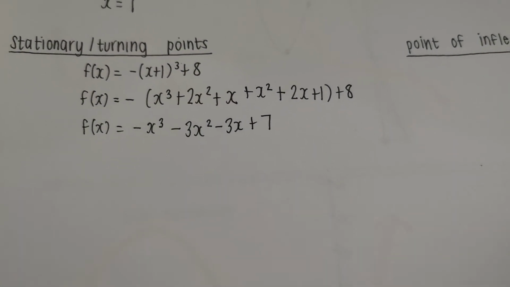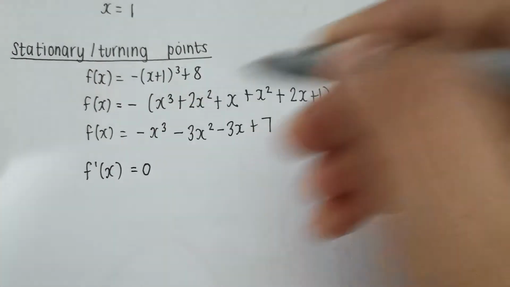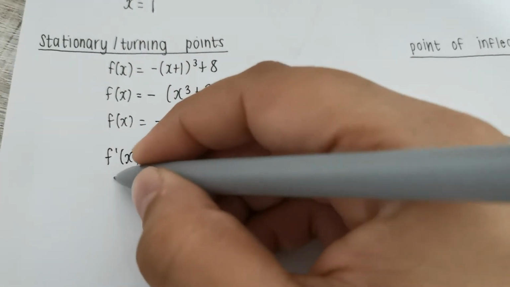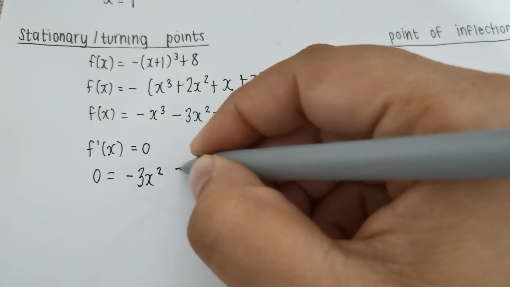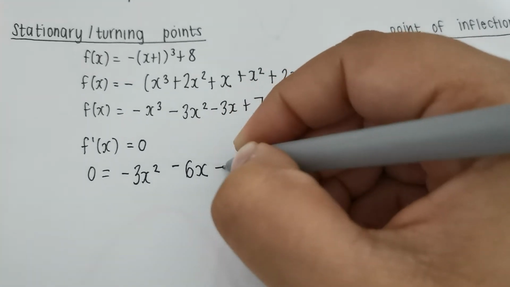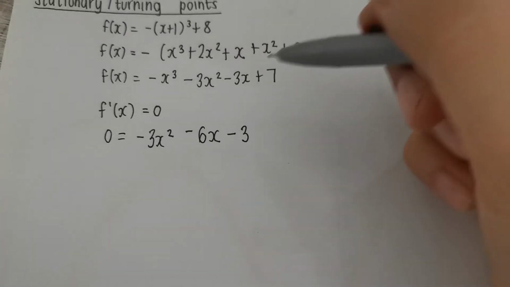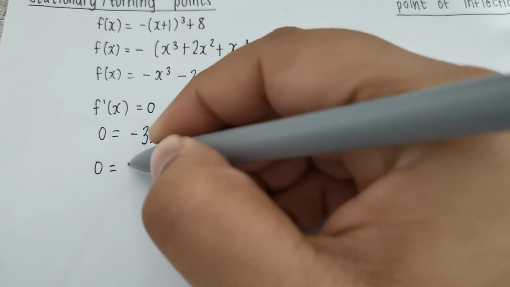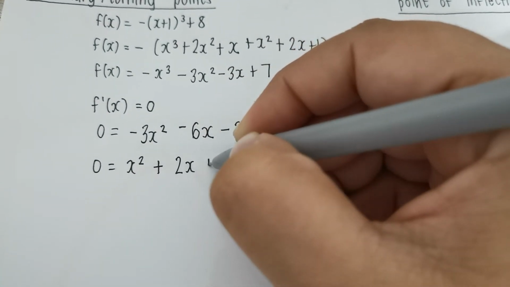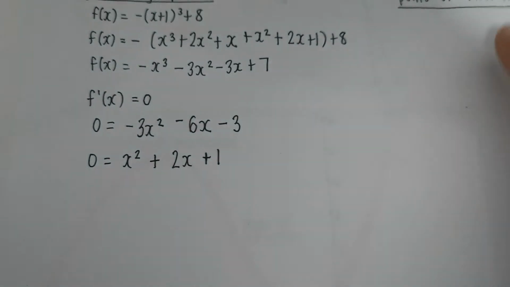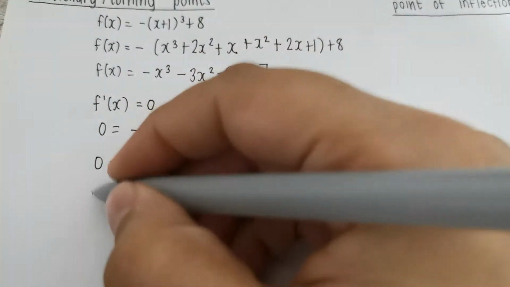Now to find its stationary points, we're going to find the first derivative, and we're going to make it equal to 0. So our first derivative is going to be negative 3x squared... I'm going to divide everything by negative 3. And then I'm going to find the factors of this.